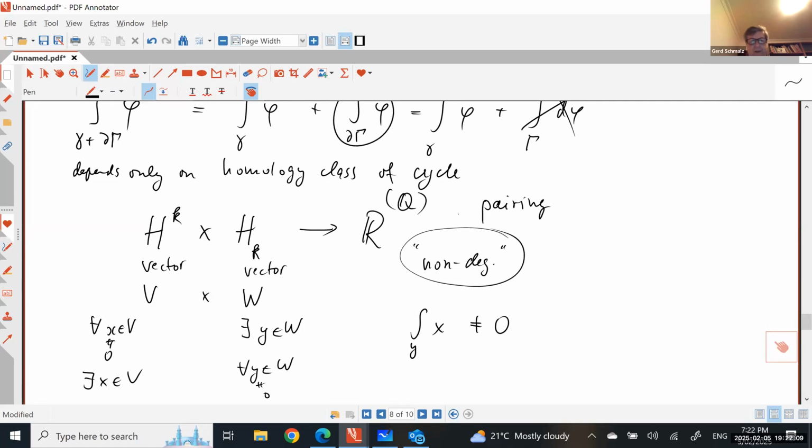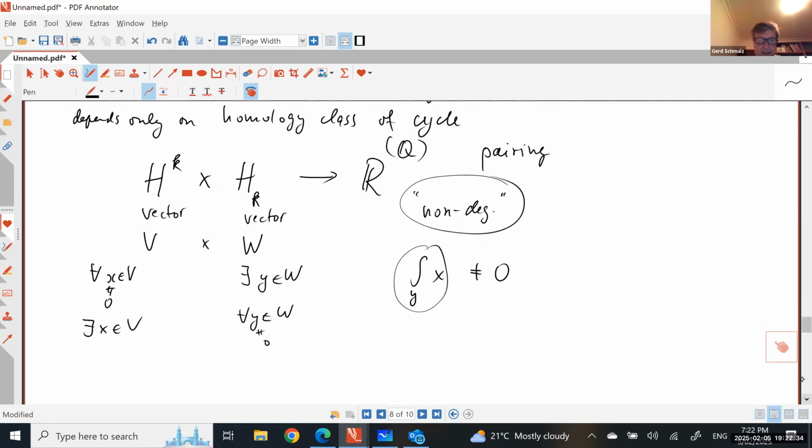It's actually just linear algebra. A pairing between two vector spaces is non-degenerate if we have this bilinear mapping, linear in x and linear in y, and it is non-degenerate. Then it turns out that both spaces are isomorphic to each other.